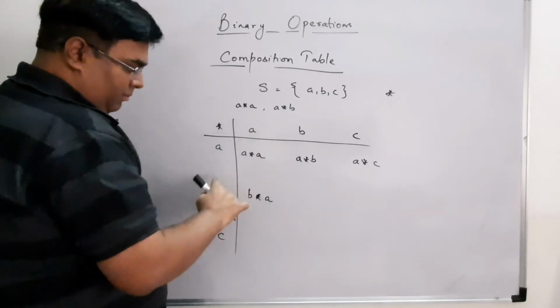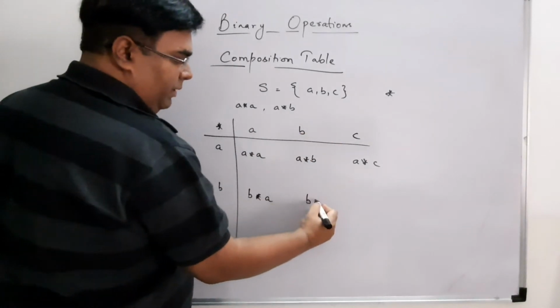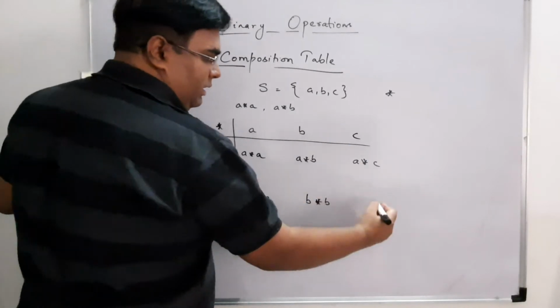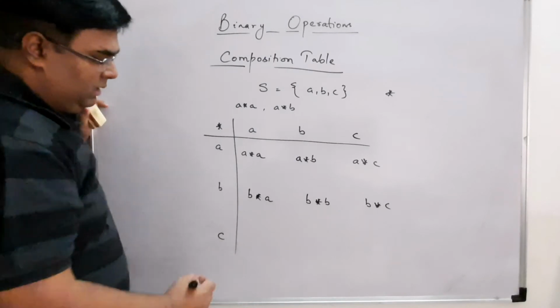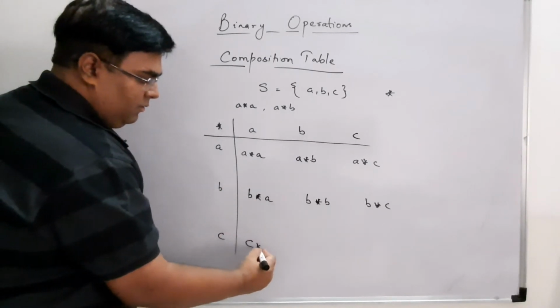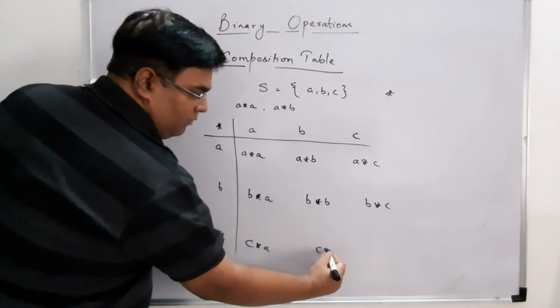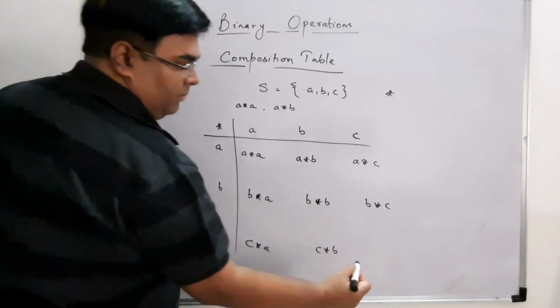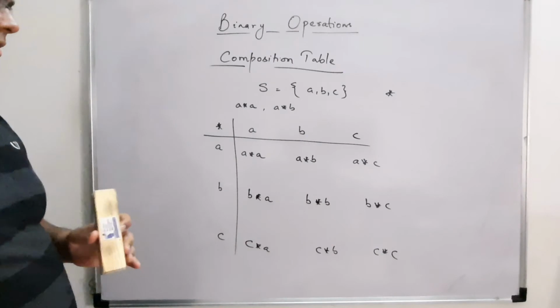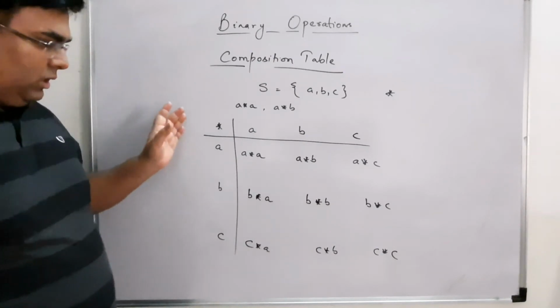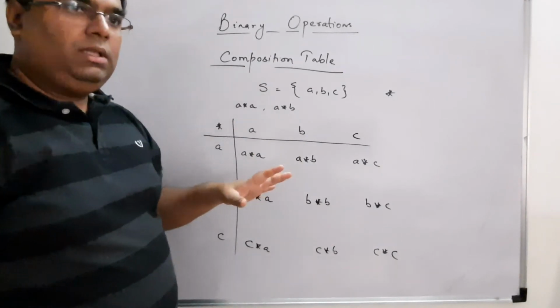B star A, B star B, and B star C. Similarly, we can write C star A, C star B, and C star C. Right. So this is called my composition table.